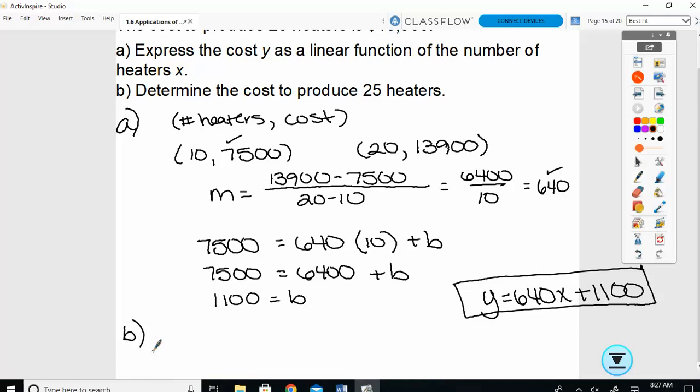B, I want the cost to produce 25 heaters. So what do we do? Multiply. Plug in your 25 for x.